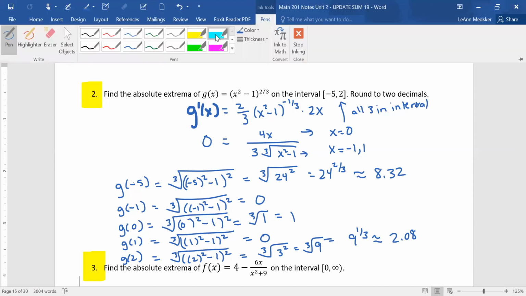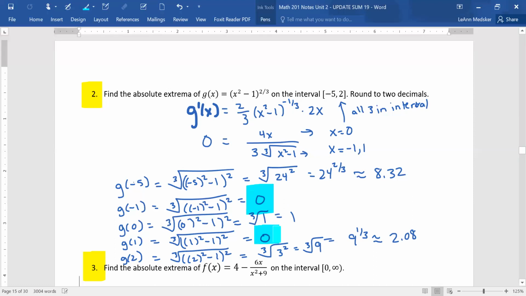So the lowest value, actually, I'm going to highlight this. My absolute minimums, there's 2 of them. They occur when the graph is equal to 0. That's the lowest this y value ever got, and that happened twice. So I have my absolute min at 2 different points, -1, 0, and 1, 0.